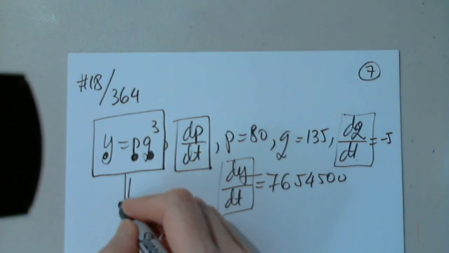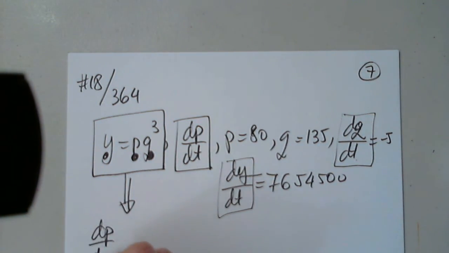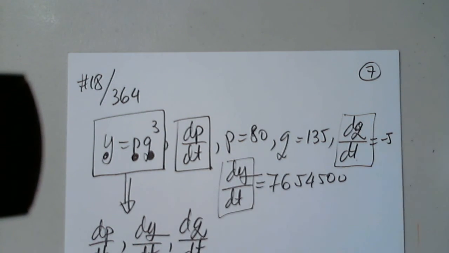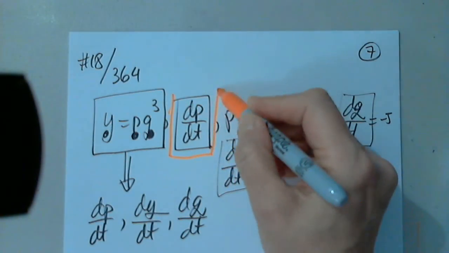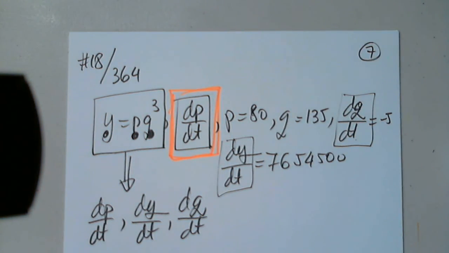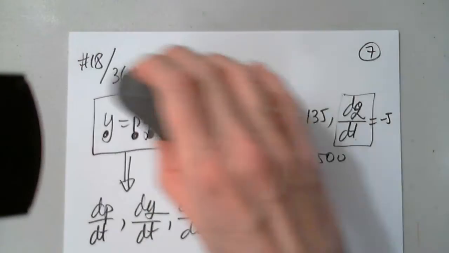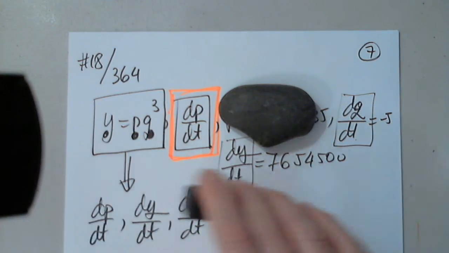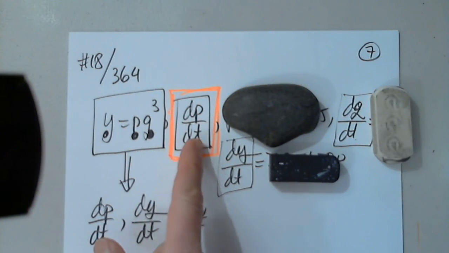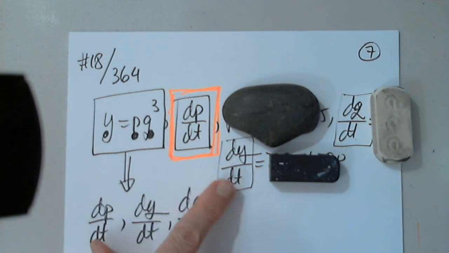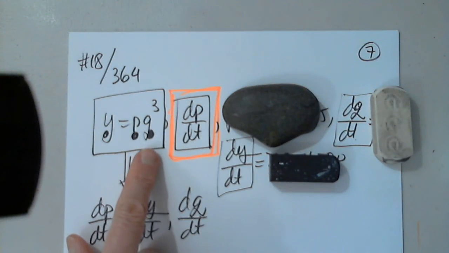We have to find an equation that relates dp over dt, dy over dt and dq over dt, and then solve for this. The rest of the numbers have to wait. Don't even look here. No numbers are required right now. Just the fact that p, y and q are functions of time.